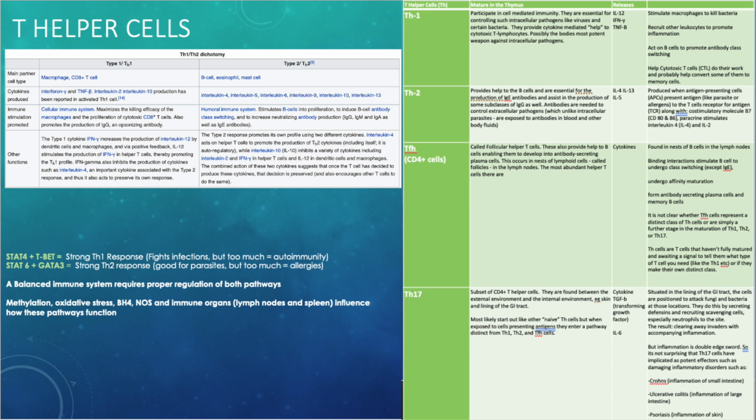A balanced immune system requires proper regulation of all of these pathways. Methylation, oxidative stress, BH4, NOS, and immune organs like your lymph nodes and spleen influence how these pathways function. So if you're experiencing pain in all these areas, you need to take that as a giant red flag, take it seriously, and start healing your body by first eliminating the things that are triggering your immune system.